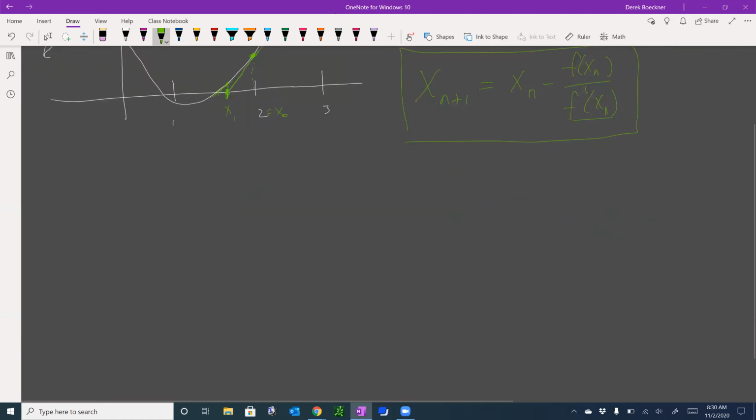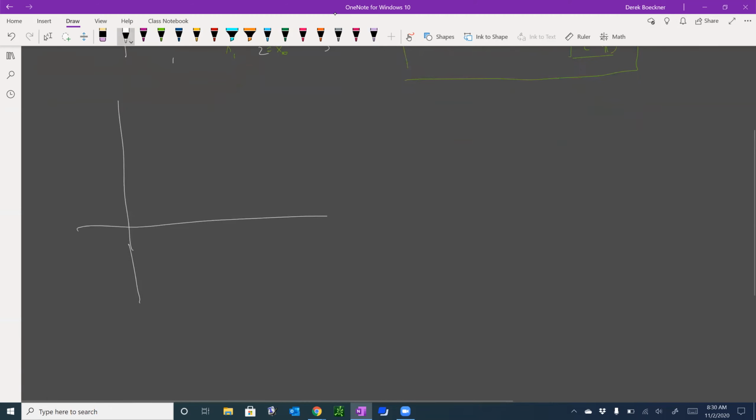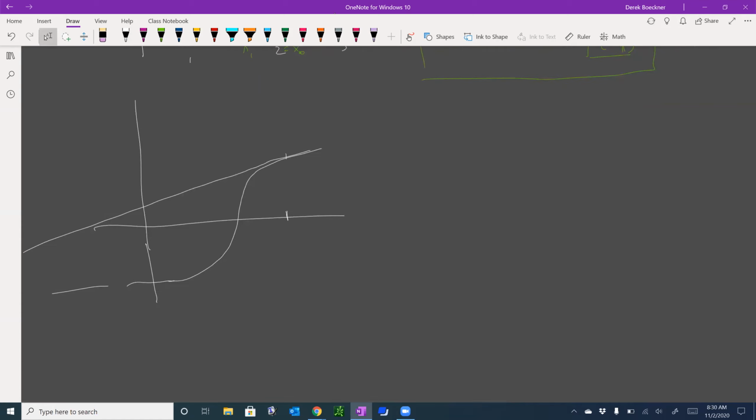There are some problems. It works a lot of times, but there are some graphs where this doesn't work. Say you have a graph that kind of looks like this, and I start with a guess here. This thing is going to shoot me all the way off over here, which is a bad guess.